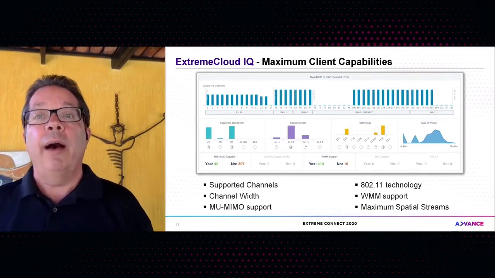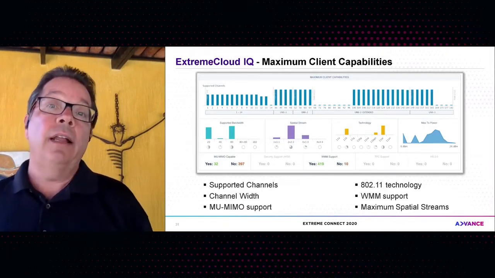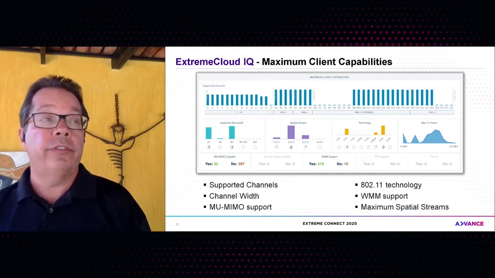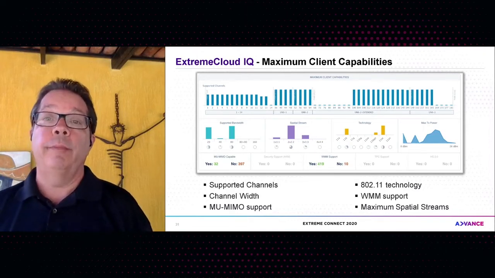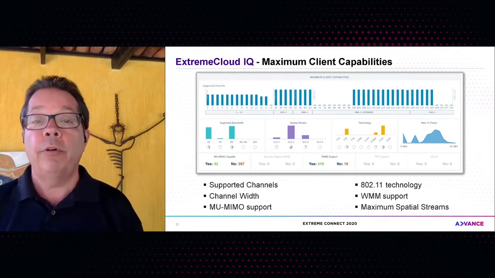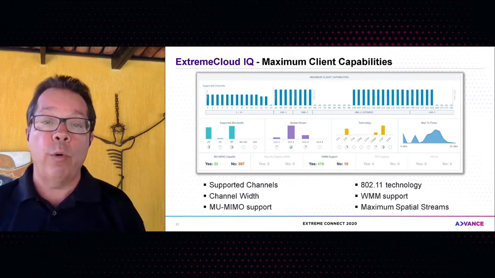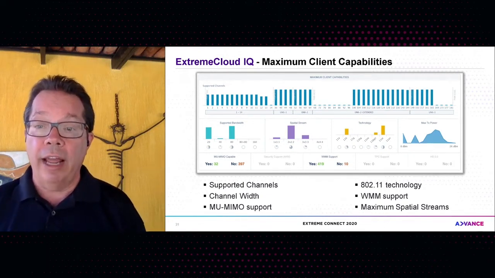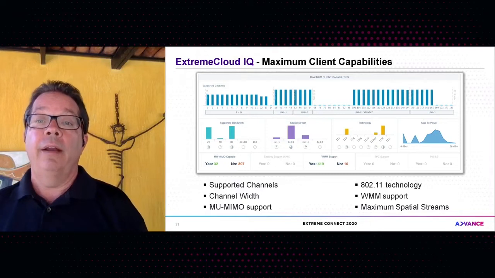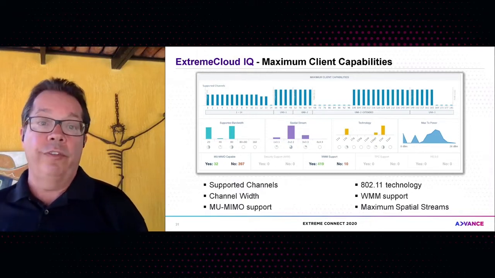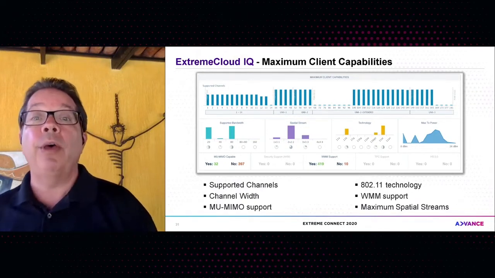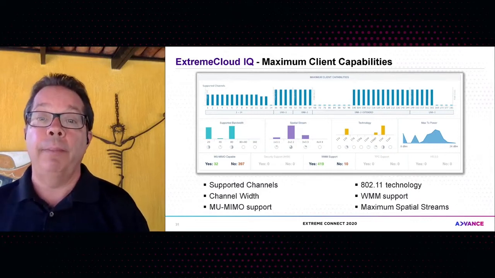Okay? Now, we can help you out with that a little bit with ExtremeCloud IQ. With ExtremeCloud IQ, we have something called maximum client capabilities. We look at the probe requests and association requests from client frames that are being sent, and we can build a visual view of the capabilities of your entire client population.